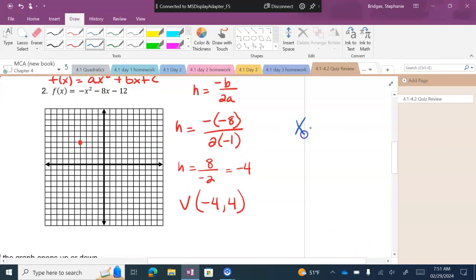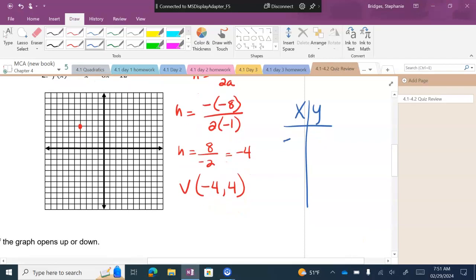Then we need to choose our values that we're going to plug in again. What are the two numbers to the right of negative 4? Negative 3 and negative 2. And then to the left would be? Okay. All right, so again, we're plugging all of these in.